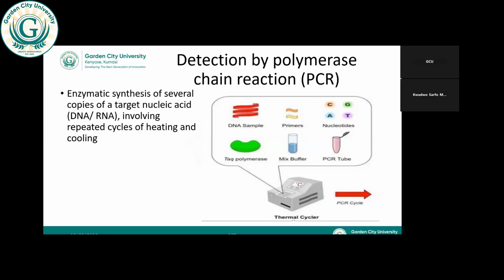So the DNA, when you heat, the double strands will separate to become single strands. And once they are single strands, primers can bind to each of the single strands. Then the polymerase will extend or add nucleotides to make the single strand now double strand because you have a primer which is specific to the target.